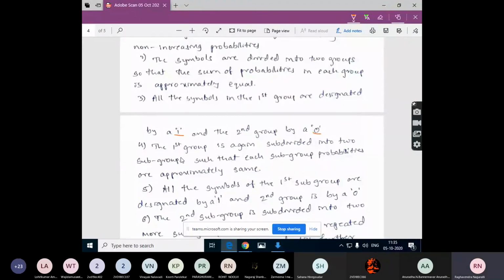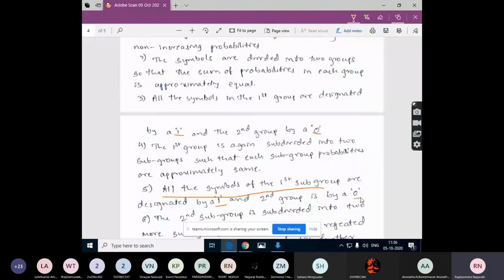Fourth step: the first group which we have divided is again subdivided into two subgroups such that the probabilities of each subgroup are approximately the same, and all the symbols of the first subgroup are designated by 1 and the second subgroup by 0.